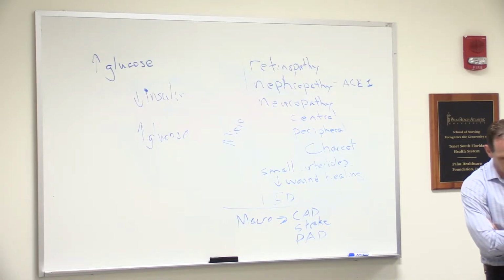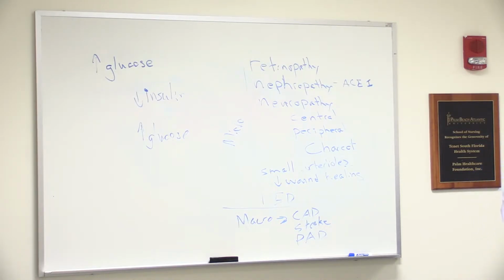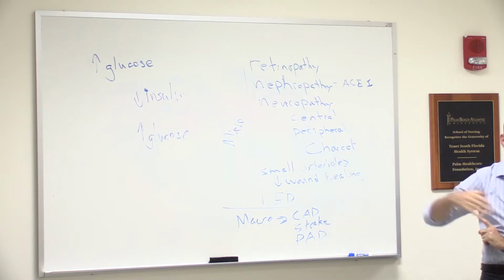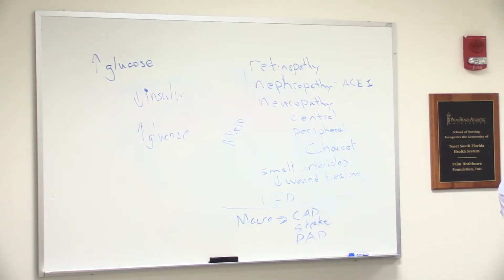But anyway, for type 1 diabetics, microvascular were more common. For type 2, the macrovascular are more common. I should say it the other way around. Microvascular complications occur at a higher rate in type 1 diabetes. The macrovascular occur at a higher rate in type 2 diabetes.